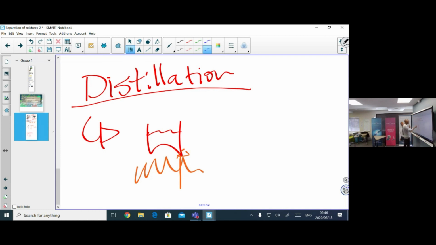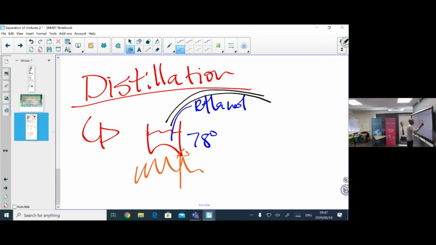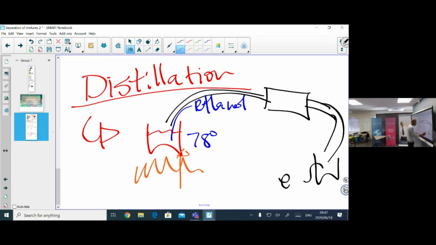Due to boiling point, once the temperature hits 78 degrees, the ethanol will boil out, right? And we use that tube to collect it. We can have a tube, have it condensed there, and we collect it. We have ethanol. And that's when our temperature is 78 degrees.